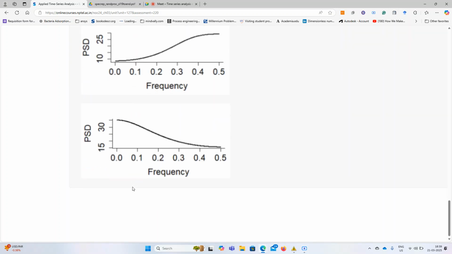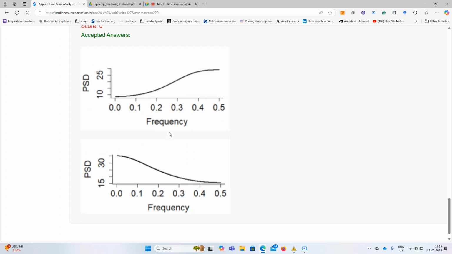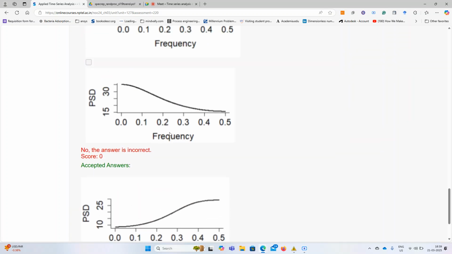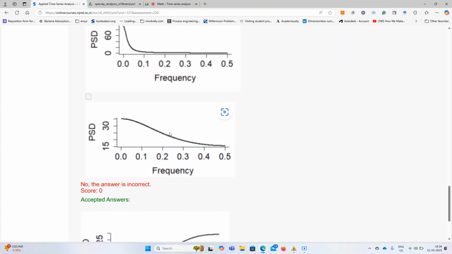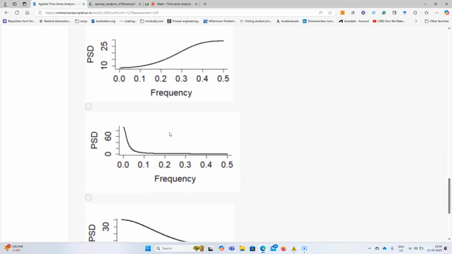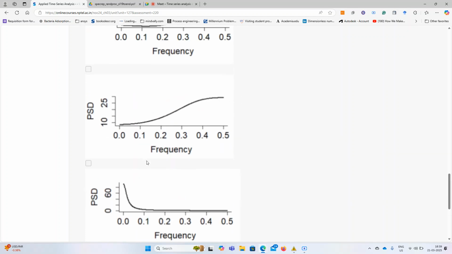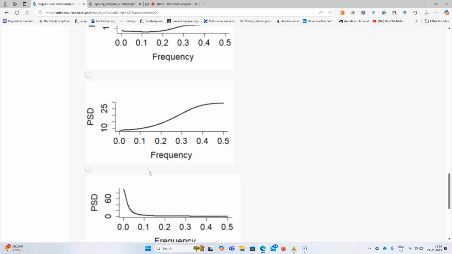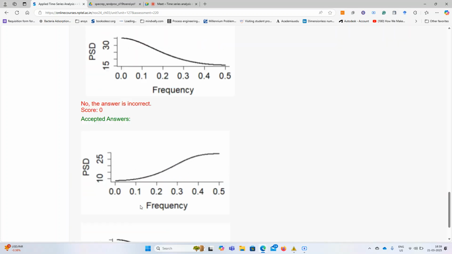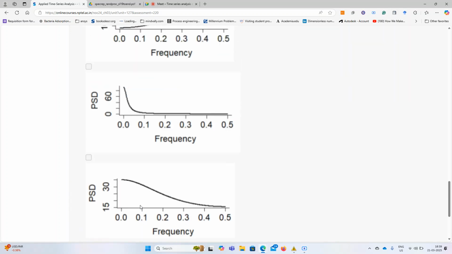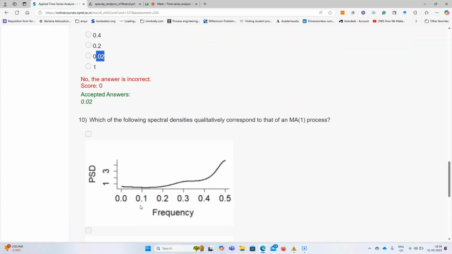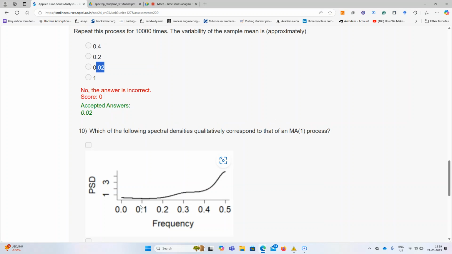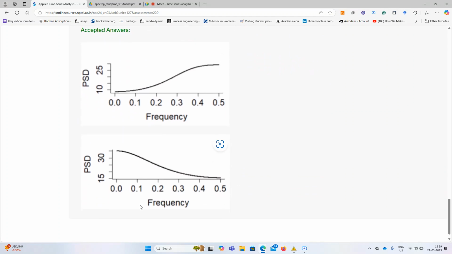You can see from the answers itself, these are two processes, monotonically increasing and with a big standard deviation. That's the answer. Actually, this will come mostly with the help of experience with MA processes.